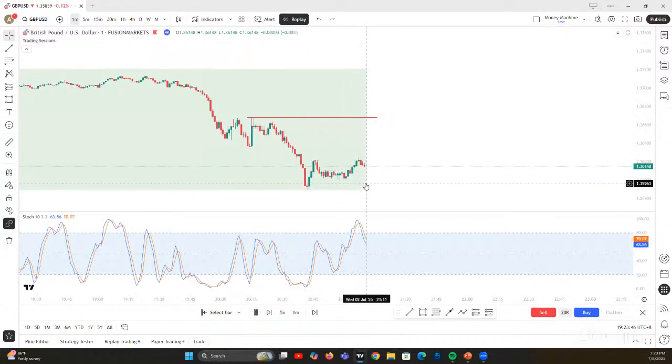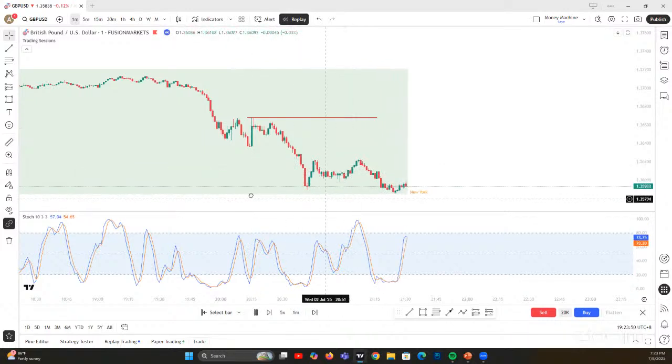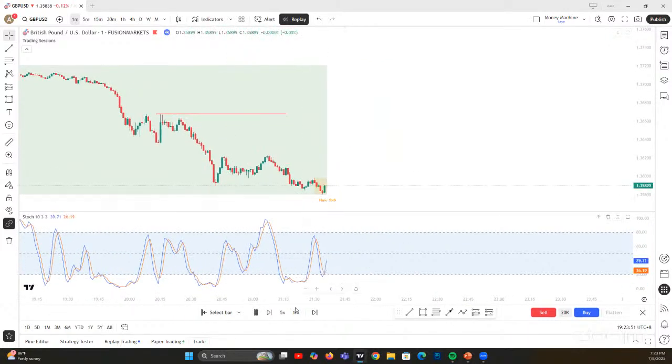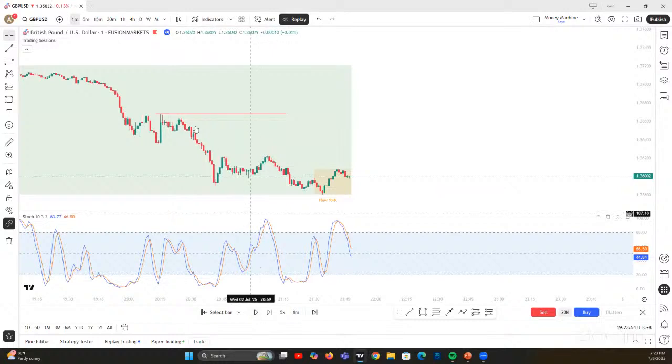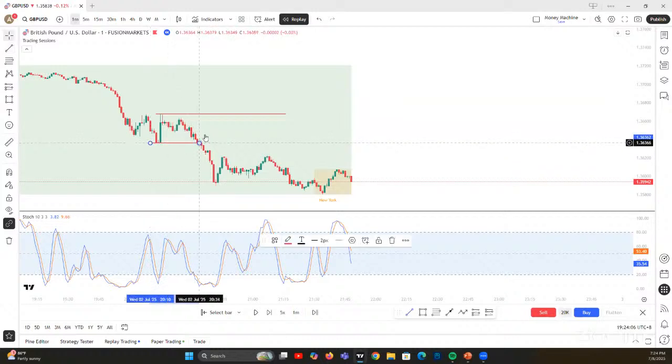So we are still in London, as the caller of this session suggests, and New York gets in. Now, this is structure, this was the lower low, which was broken.